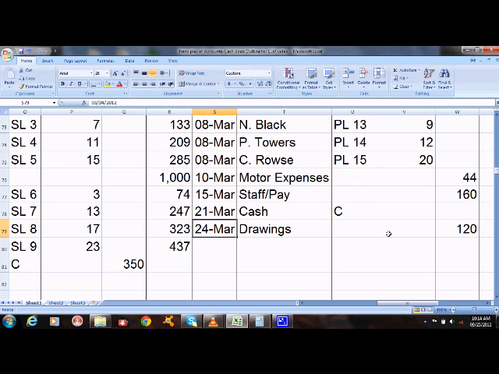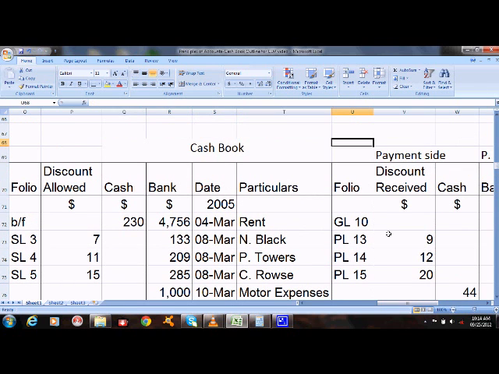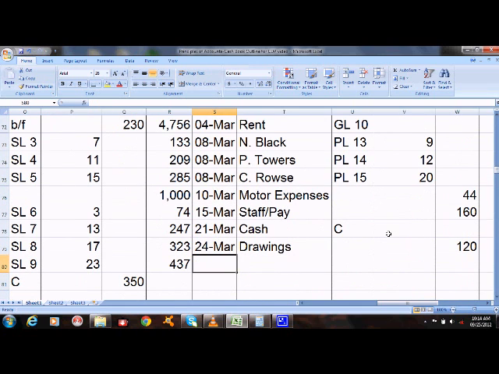So record that now, because we're going to the payment side as usual. So therefore we're going to write March 25, T buyers, and the discount amount they gave us is what, $7, and we paid him by what?